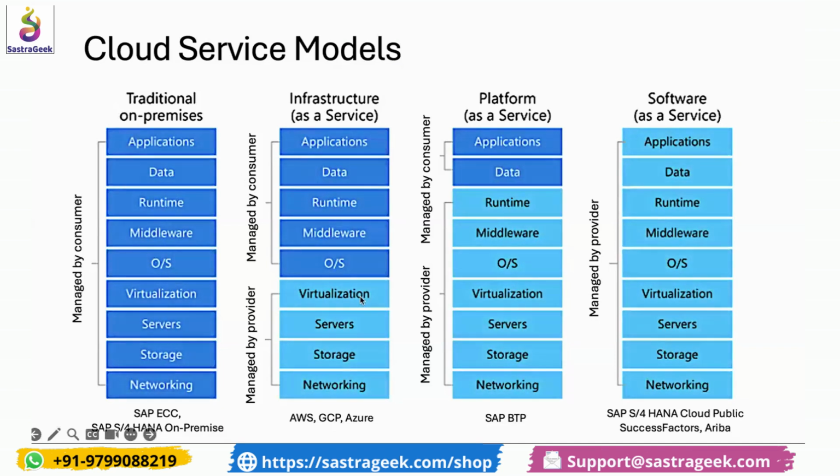Whenever you need more or fewer resources, you can adapt the subscription, which results in working more flexibly and making it more cost effective. The major IaaS providers are Amazon's AWS, Google's GCP, and Microsoft Azure.